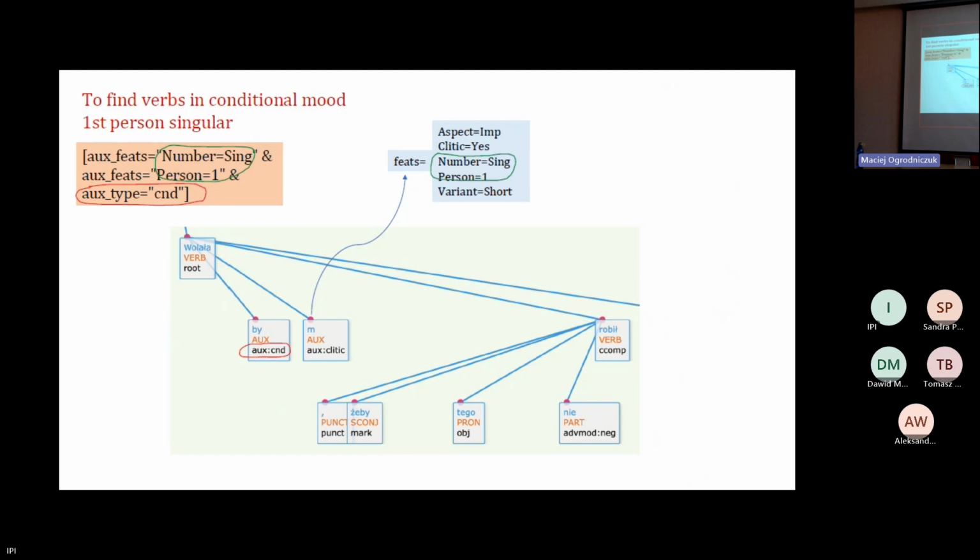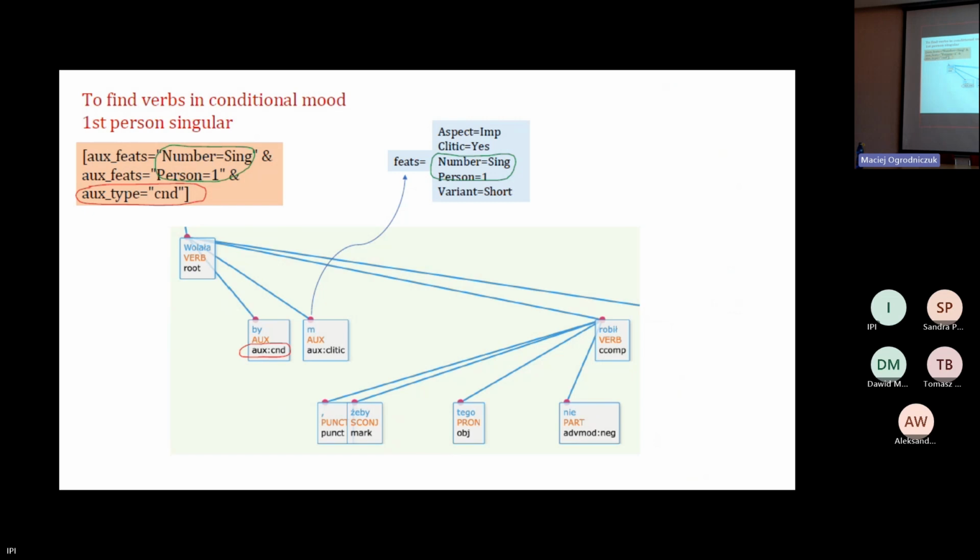There is more than one auxiliary here, so it doesn't really matter. You can ask for anything that's here. So it can be person one, that's this M part, and aux type is conditional, that's the second part, and number singular, that's also here, and it would give you the result.